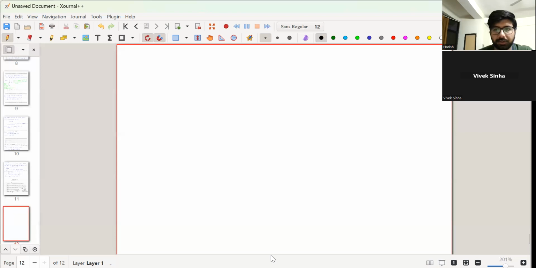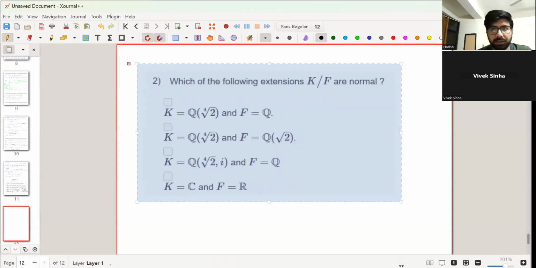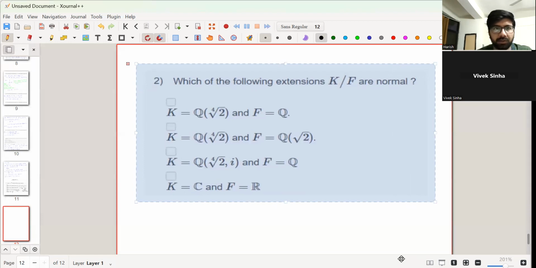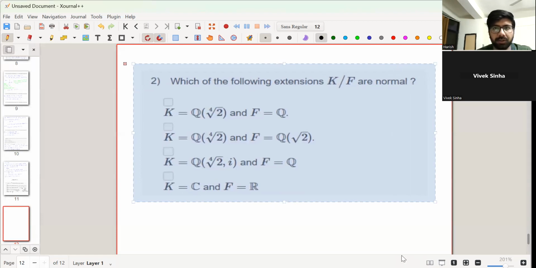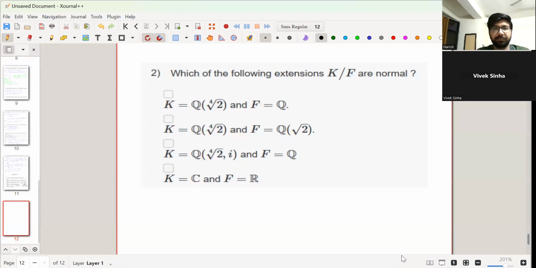So let me paste another problem. It says: which of the following extensions K over F are normal. Normal again means it is a splitting field of some polynomial.